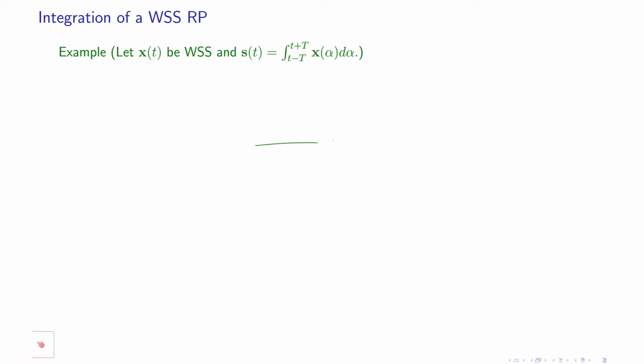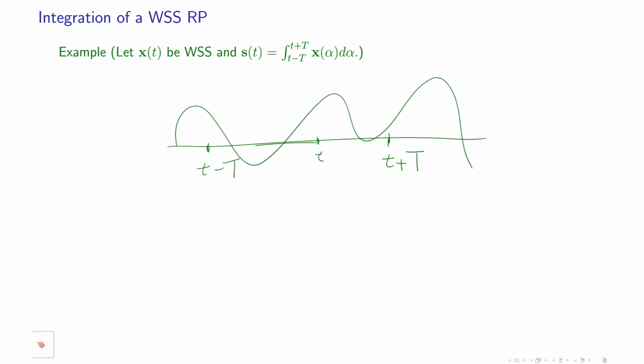So I consider an interval around time t, from t minus cap T to t plus cap T, and this is like your random process.